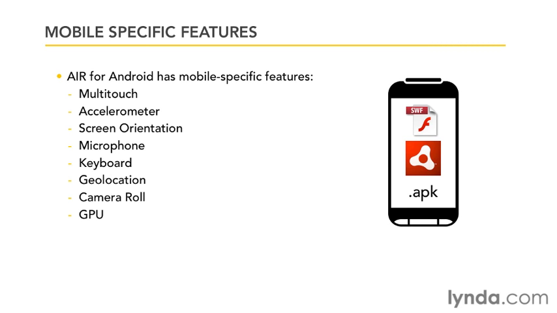Now, this is a majority of the items available for Android. There are more, but these are the basics, and you need to keep all of these features in mind as you start to develop your game.